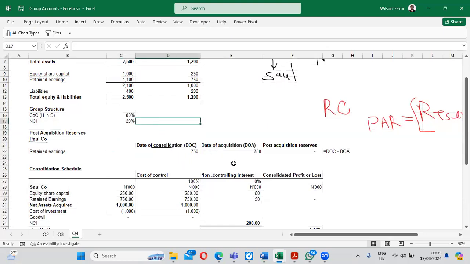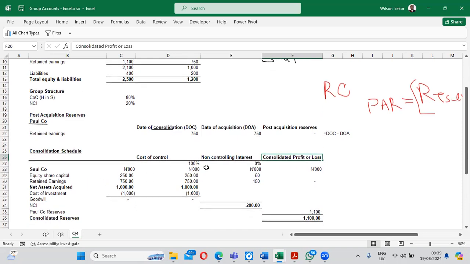When we come to our consolidation schedule, of course, we still have our headings for cost of control, non-controlling interest, and consolidated profit or loss. So what then happens here? The non-controlling interest is now taking 20% instead of 0%, while the cost of control is now taking 80% instead of 100%.